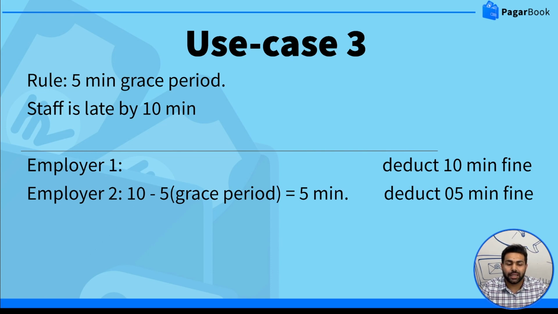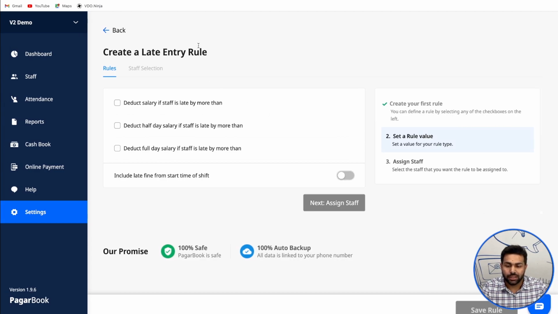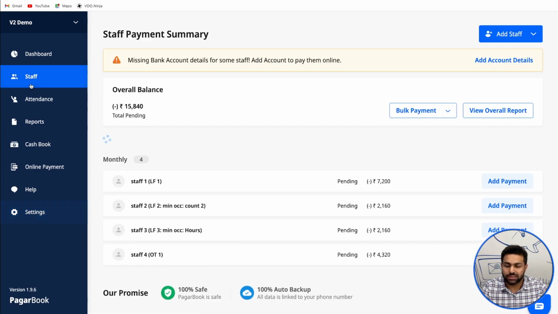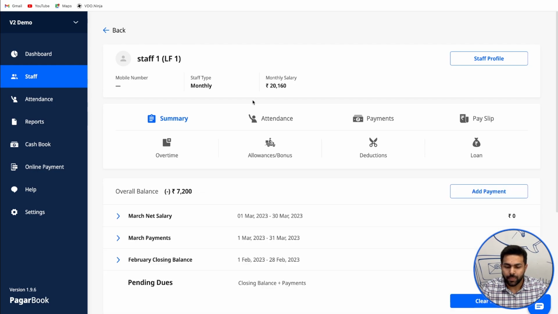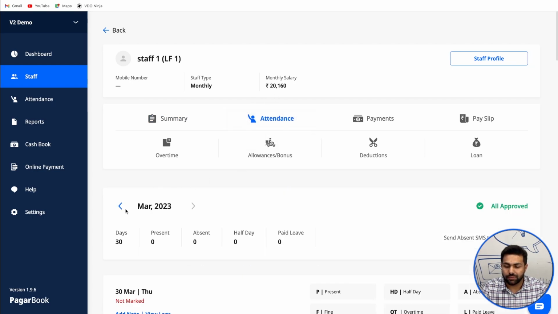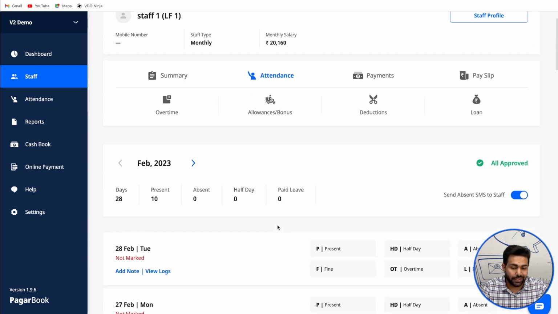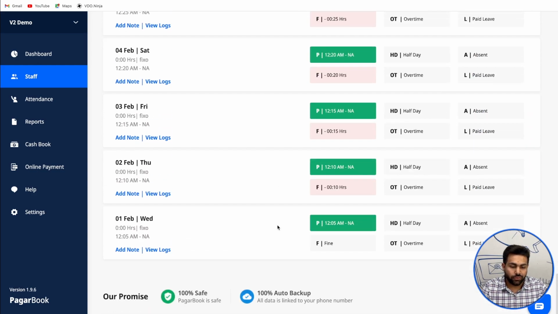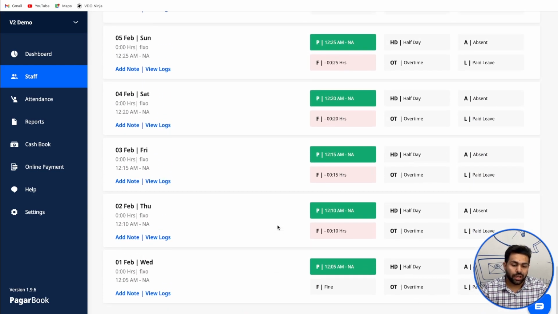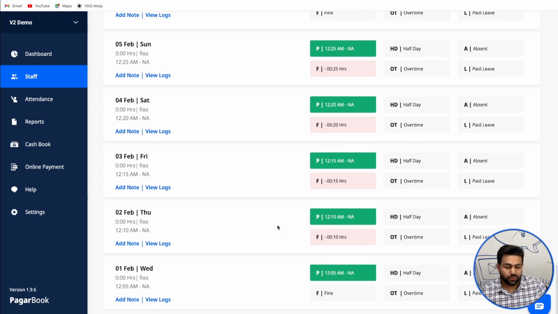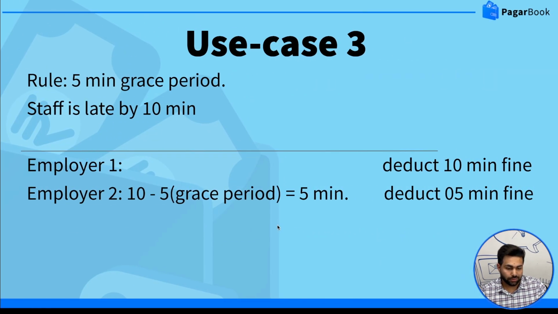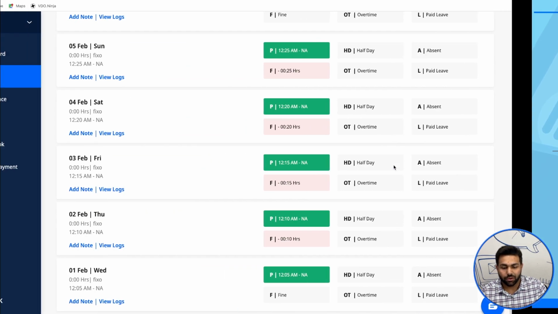So let's see a practical example where my staff has followed such a pattern. So again we will go to a staff and we will check his attendance. We already saw a staff where toggle was on, where we deducted the exact amount he was late.